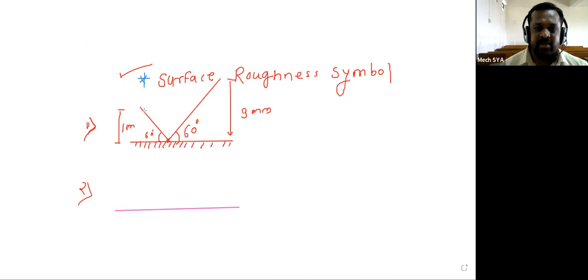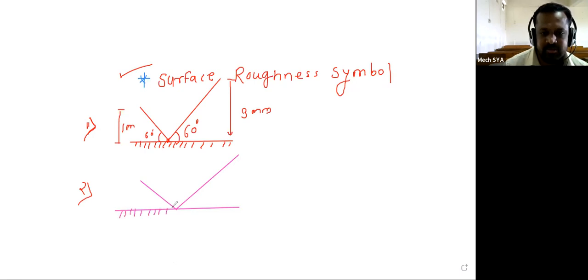In a similar manner, we draw one shorter line at 60 degree, and again one longer line at 60 degree. And we have to show the surface here. This is the surface.